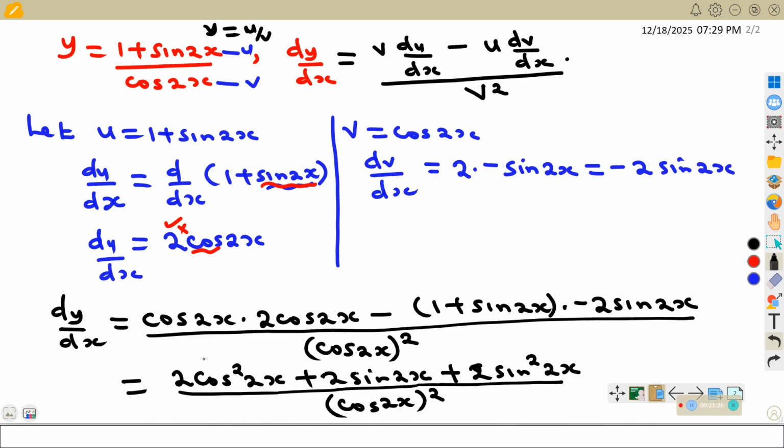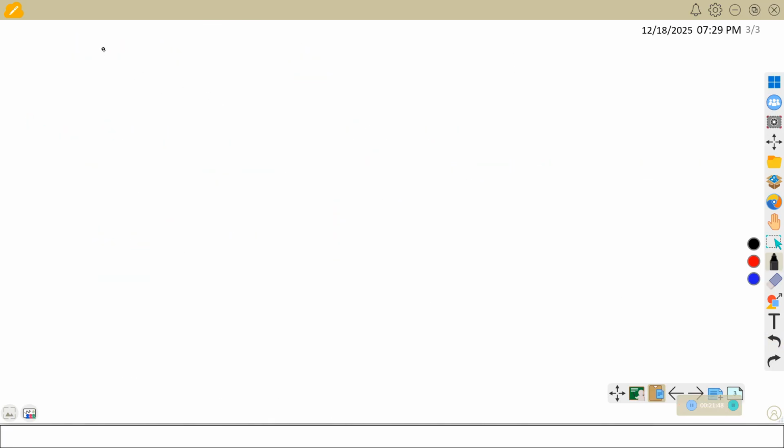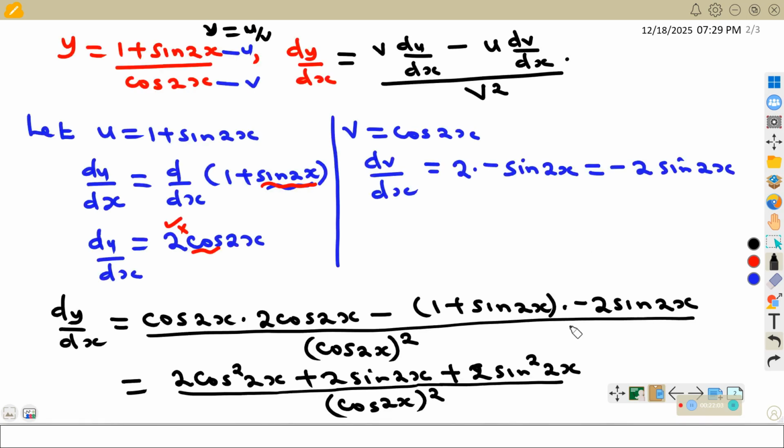When we look at this, you realize this is 2 cos squared 2x, this is 2 sine squared 2x. So we can simplify this further by having this as 2 into cos squared of 2x plus sine squared of 2x. Again, we are adding there, so we are combining this with this one.